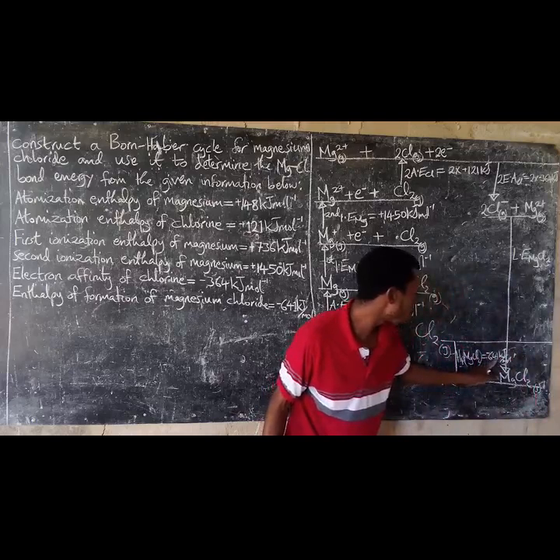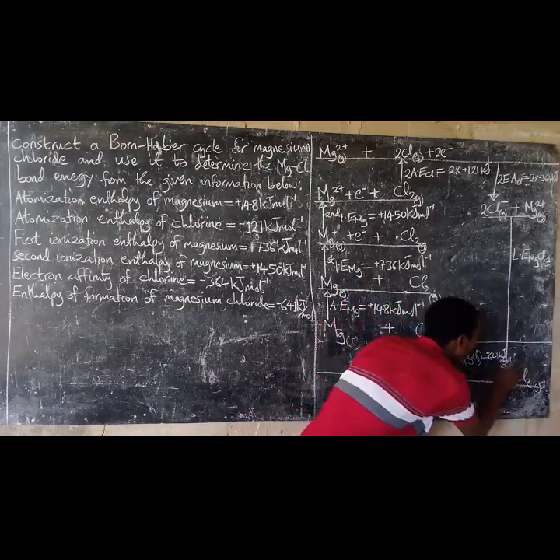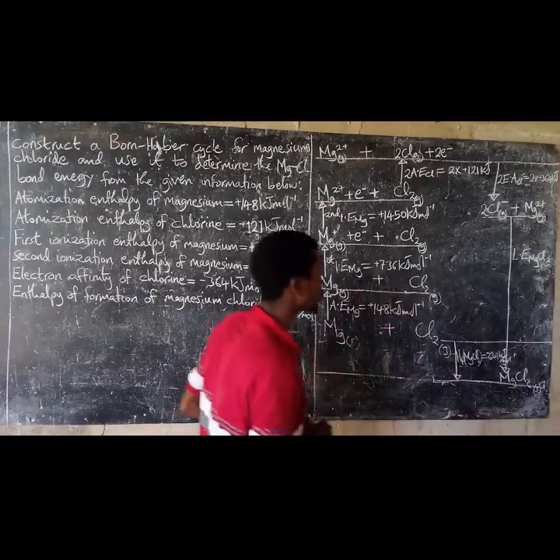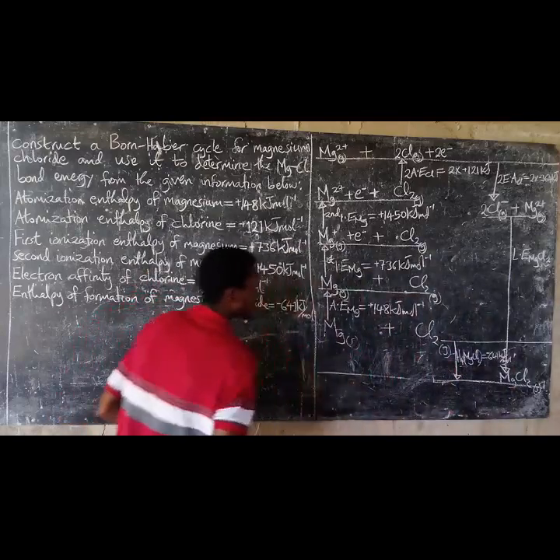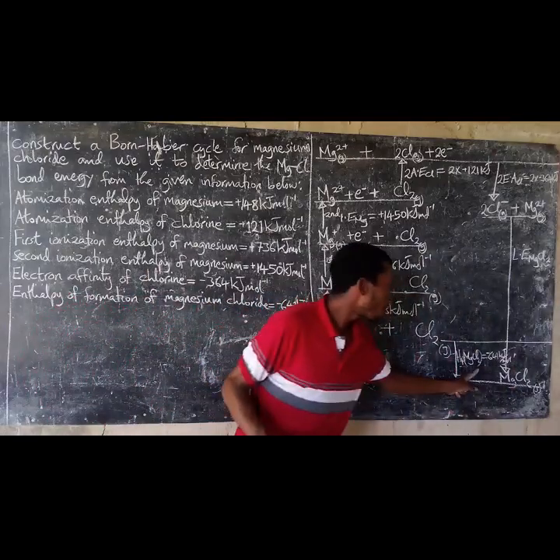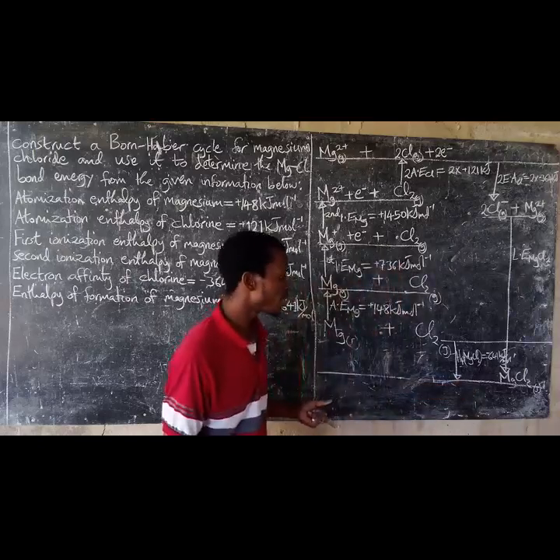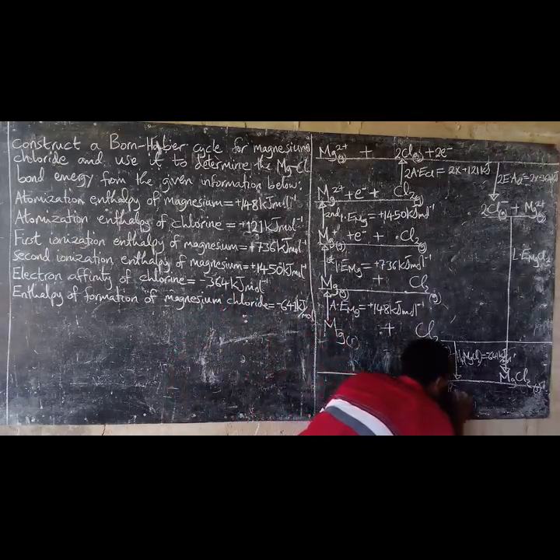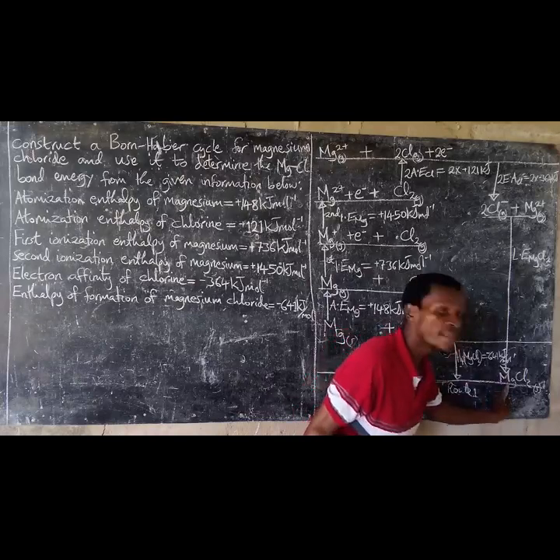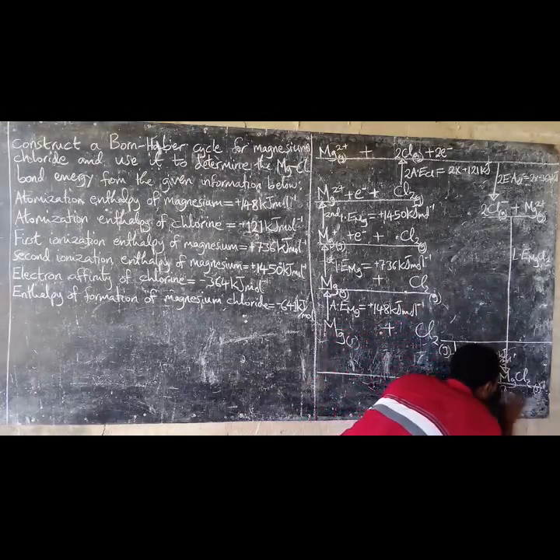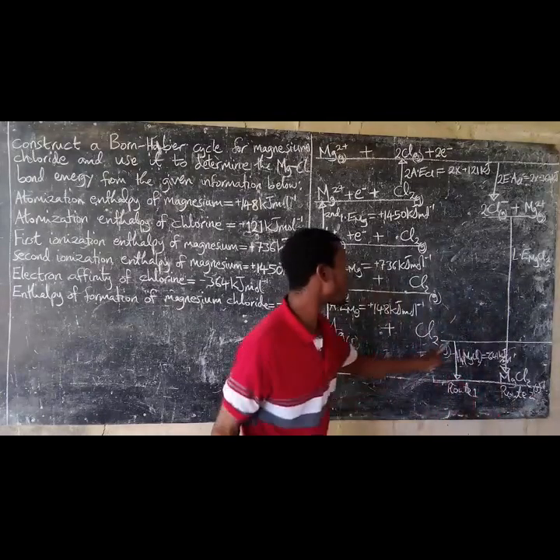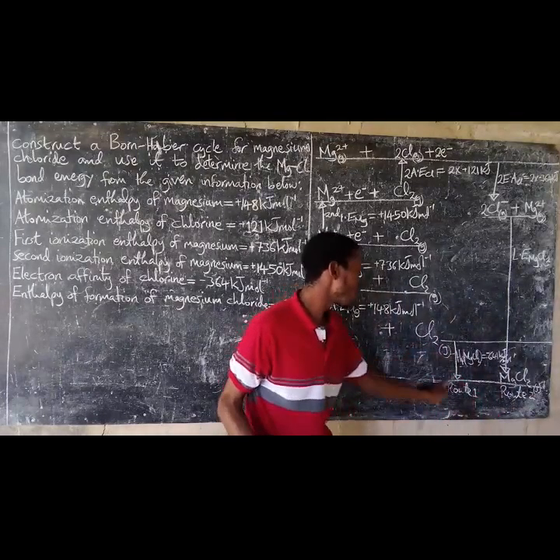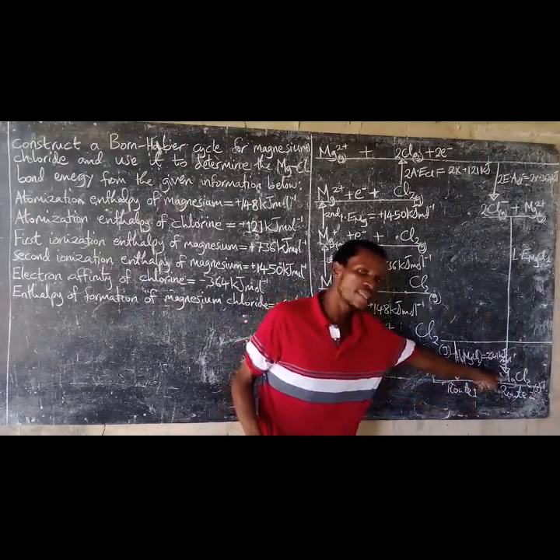Then, from Hess's law, this is the first route, route 1, while this one is route 2. The first route is from the reactants all the way to the product.